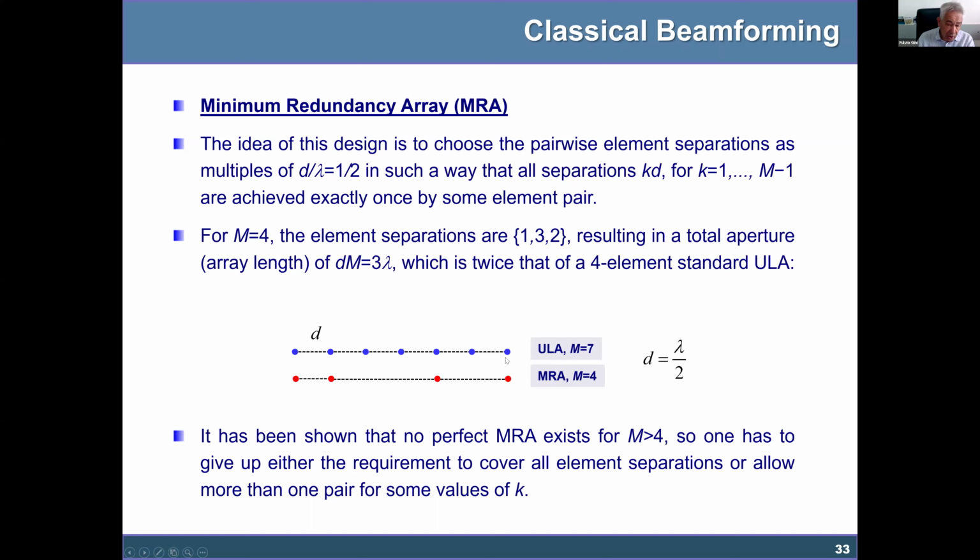But there is only one couple with distance (M-1)d, while there are many couples with distance d: the first and second elements, the second and third, the third and fourth, and so on.